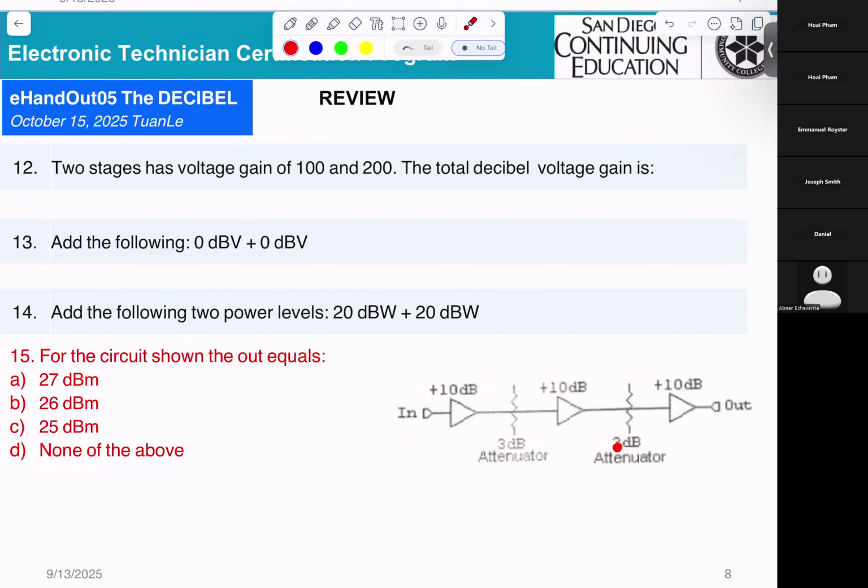Do you add that or subtract that? Now do lose 3, 17 here, right? You get 14, and 10 is 24. So you get 24. However, it would be none of them then.